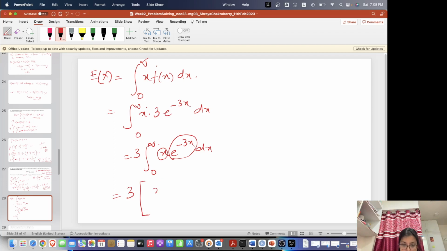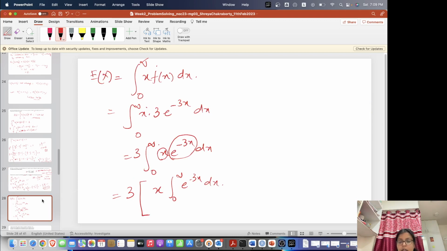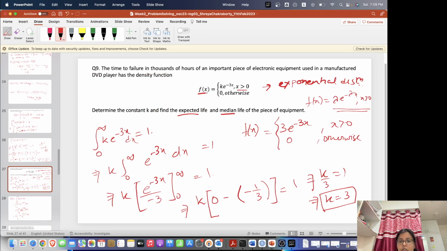Ma'am, in the second line, the x is the probability, isn't it? No, x is the value. This x is the value of the function. And this k times e to the power minus 3x, this in some way is the probability density.